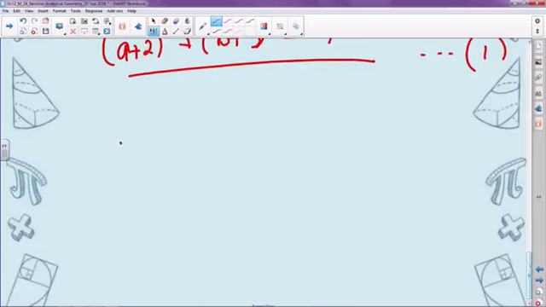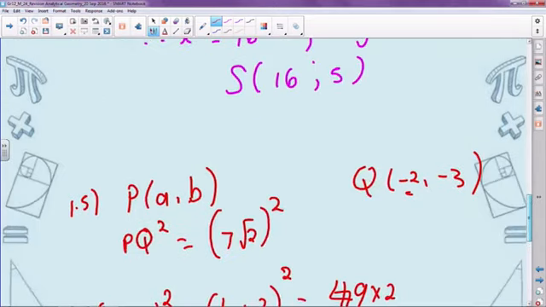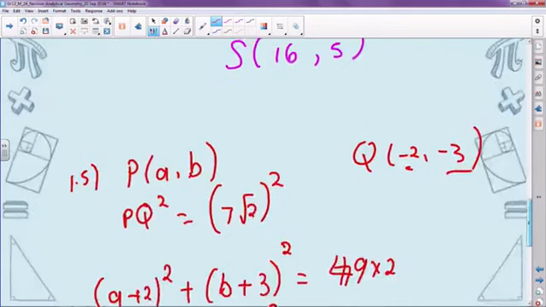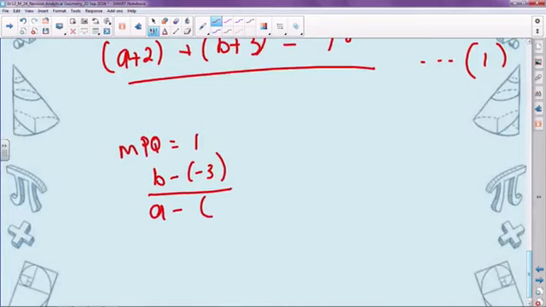Well, we know that the gradient of PQ was 1. So therefore, gradient we know is y2 minus y1, and remember y1 is minus 3. So we use a bracket so that we don't make a mistake with our signs, over x2 minus x1, which is minus 2.